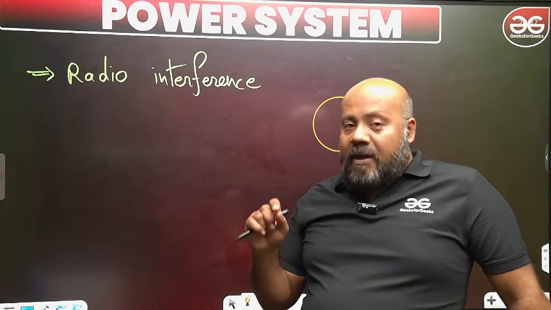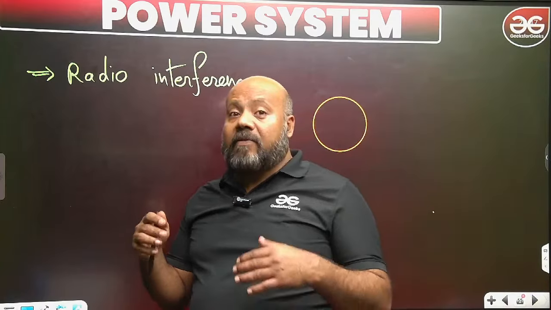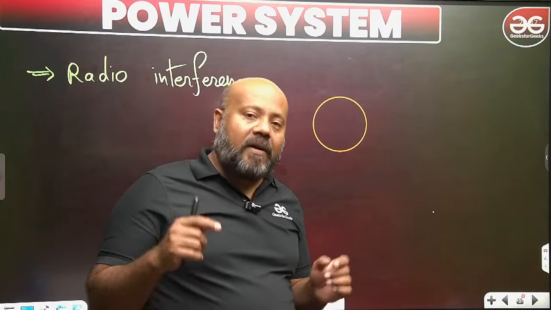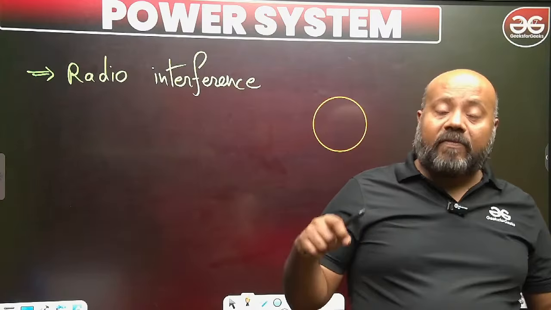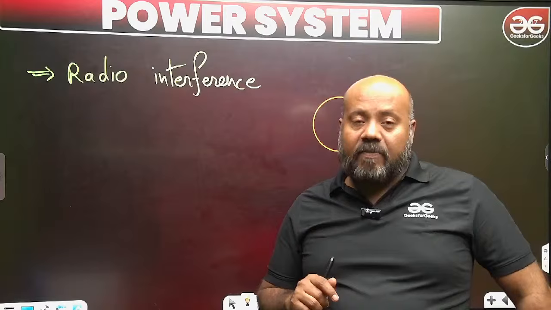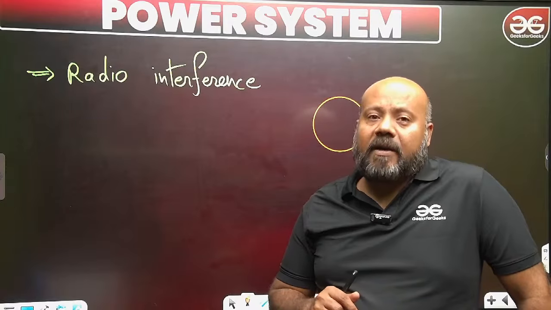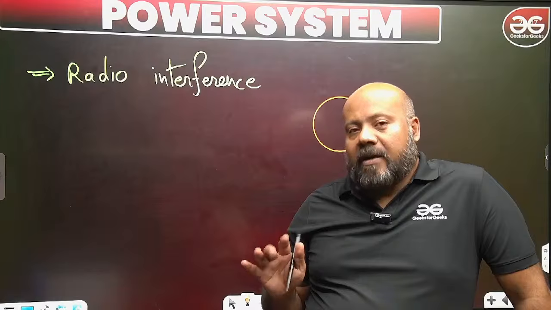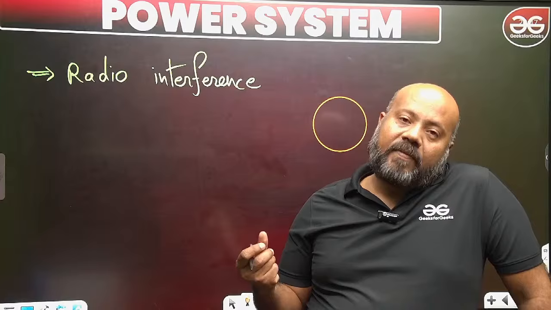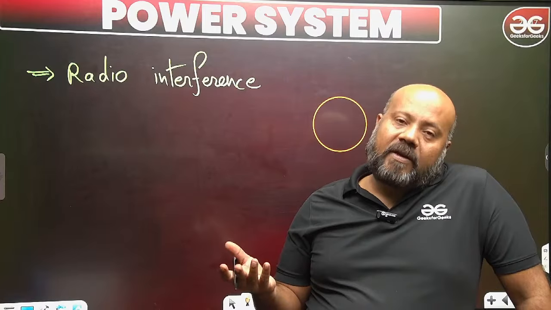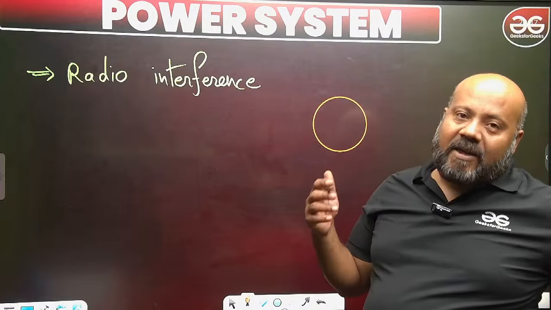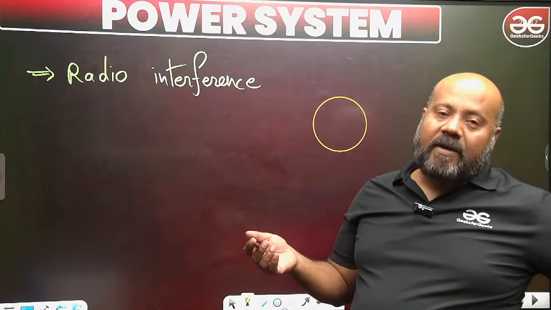Because the telecommunication lines are very close to our transmission line, there is a possibility of magnetic flux linkage with these telecommunication lines because of the current in the transmission line conductor. And whenever there is a magnetic flux linkage with the conductor, there will be some induced EMF. Are you getting that? So that causes the interference.